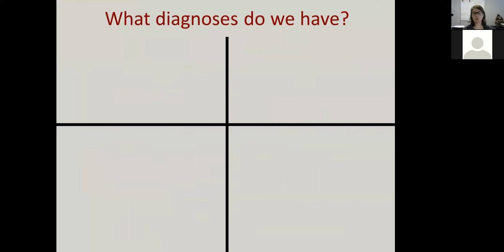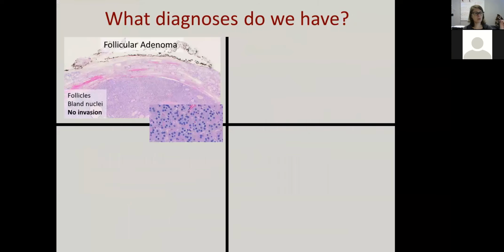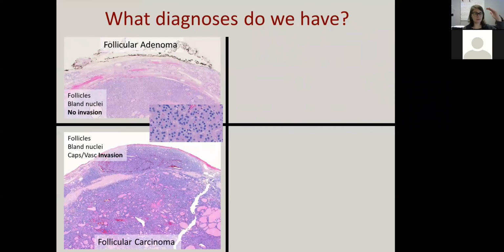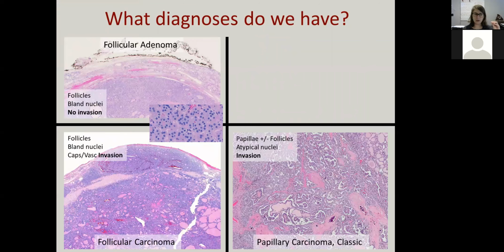All right, so we're left with follicular adenoma, or follicular neoplasm that has follicles, very bland nuclei, lacking invasion. We have follicular carcinoma, which has follicles, which has bland nuclei, but has capsular or vascular invasion, right? We have papillary carcinoma, which sometimes grows in papillae, sometimes in follicles, sometimes a hybrid, certainly has morphologically atypical nuclei, and certainly has invasion.